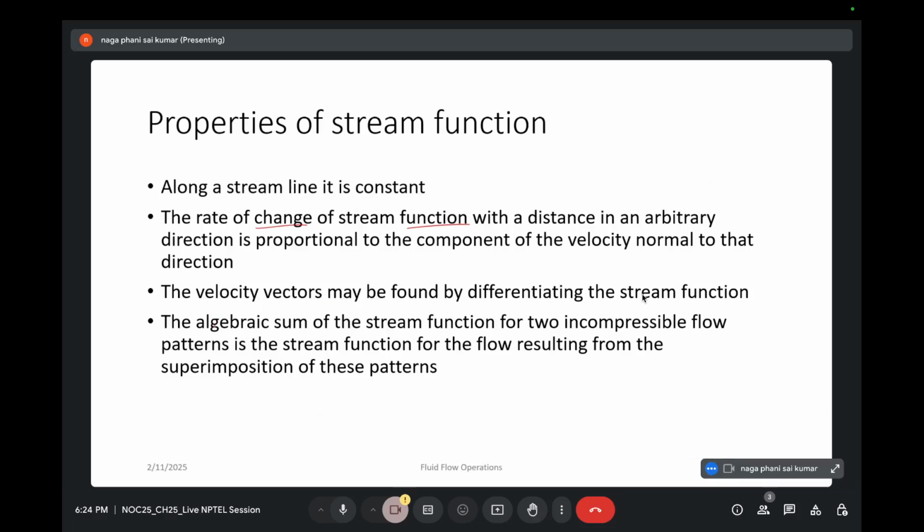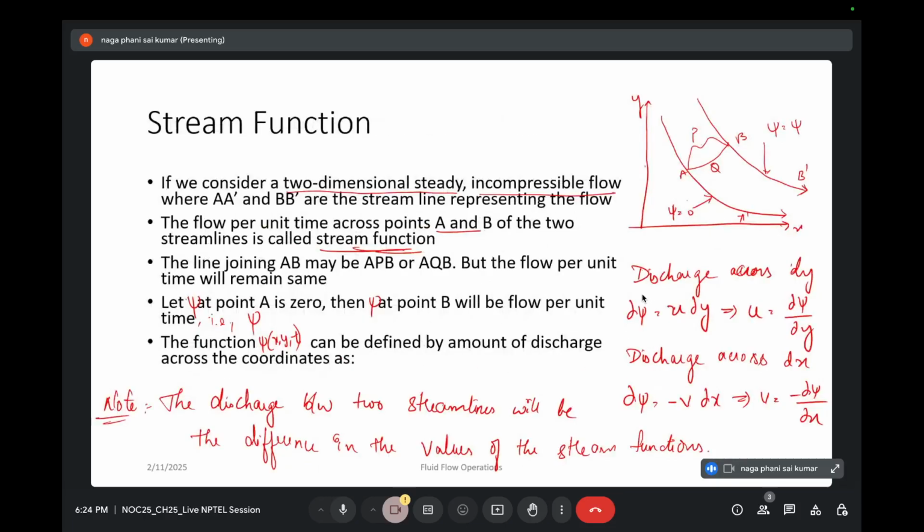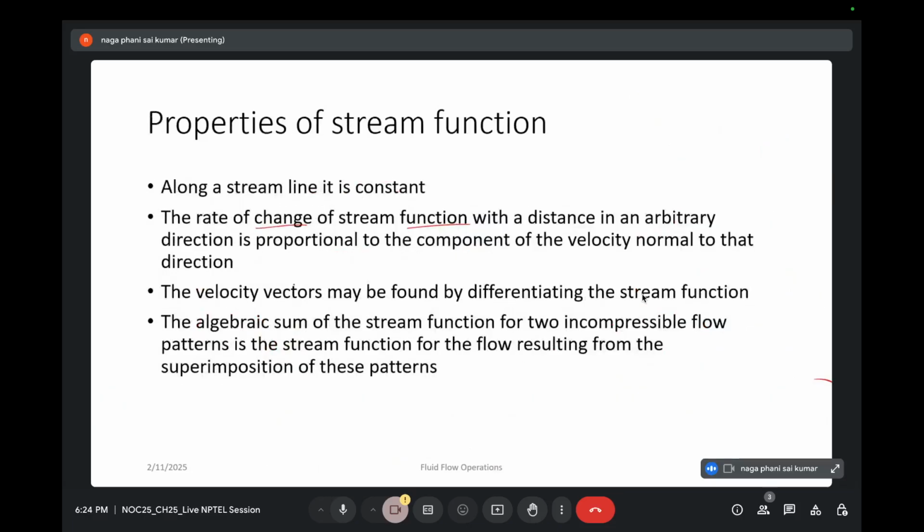We just saw that: if you differentiate the stream function, you will get the velocity components. And the algebraic sum of stream functions for two incompressible flow patterns is a stream function for the flow resulting from the superimposition of these two patterns.